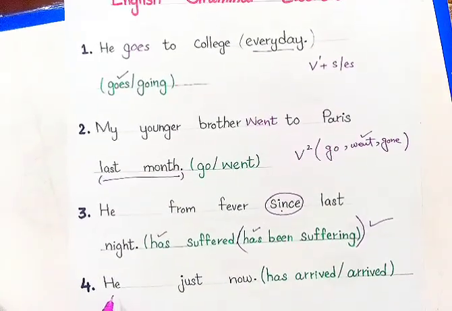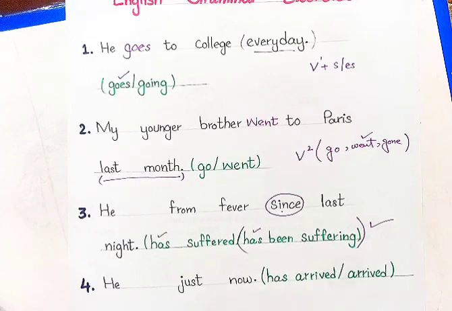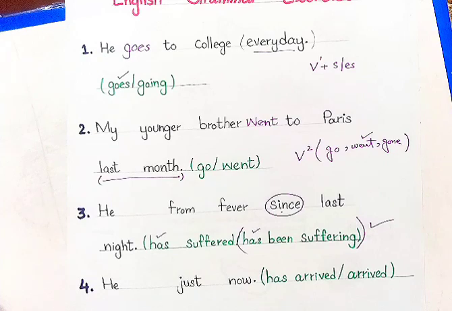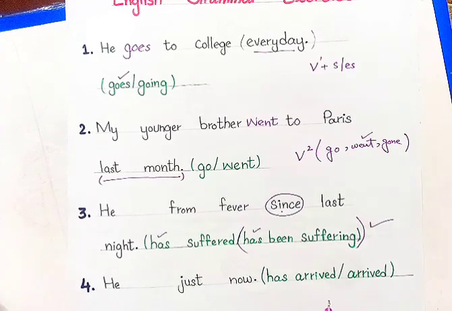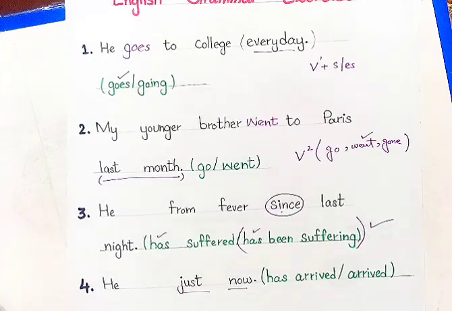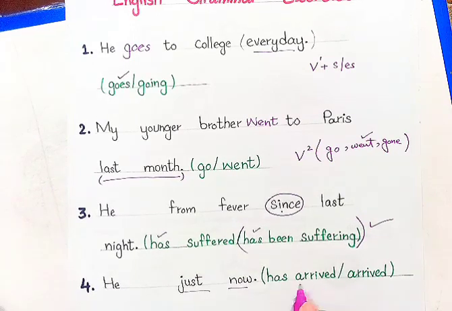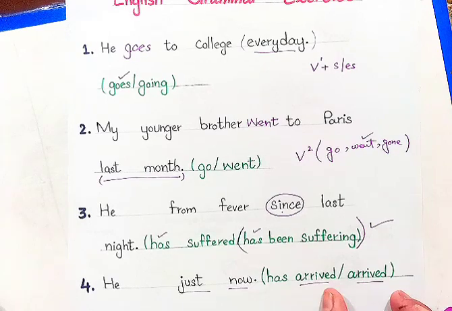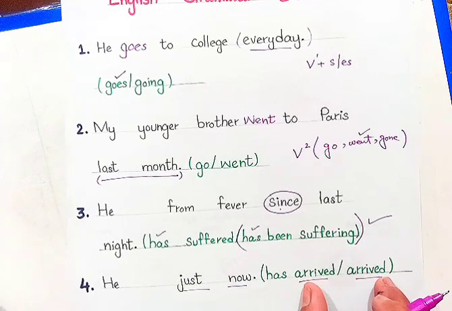Last, we have he blank just now. Has arrived or arrived? As we can see, here is the word just now. It means someone is talking about present time. But also we have arrived and arrived, second form of verb.